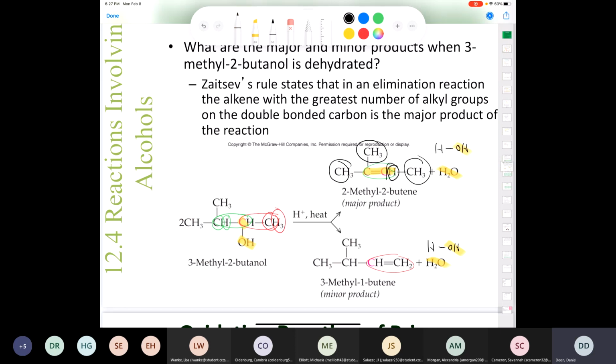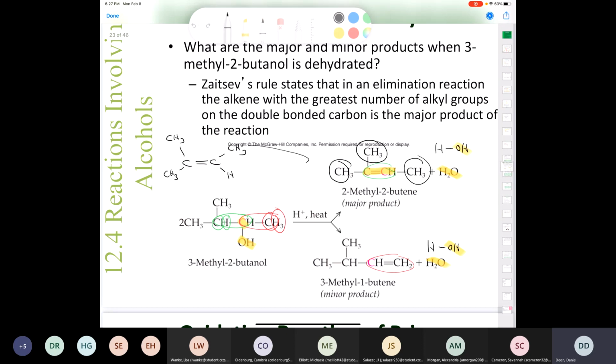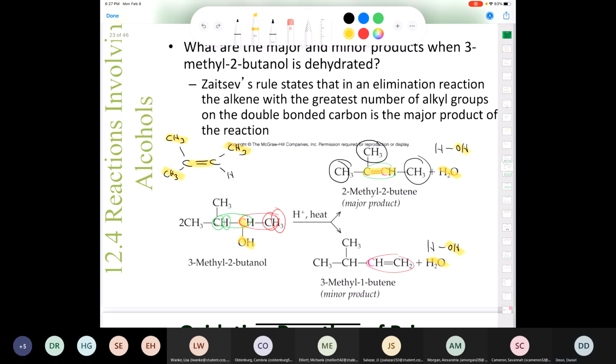This hydrogen is not an R group. If you drew it out like this, you have CH3, CH3, H and CH3. This is 2-methyl-2-butene. Look, I've got 1 R group, 2 R groups, 3 R groups attached to my double bond. The hydrogen is not an R group.